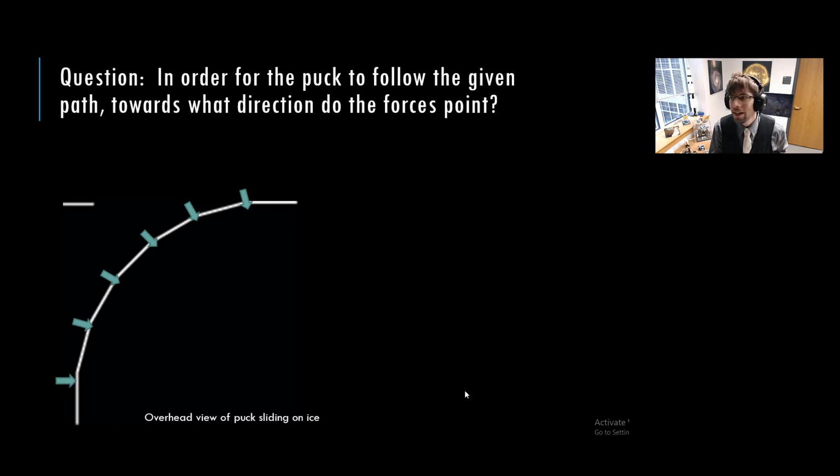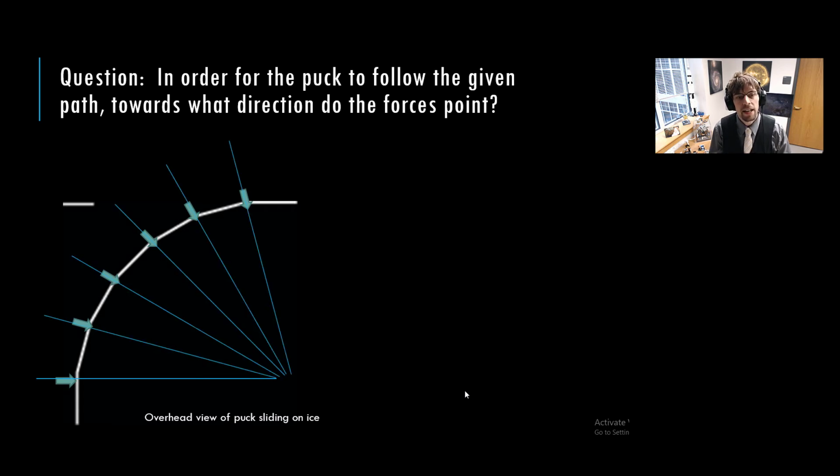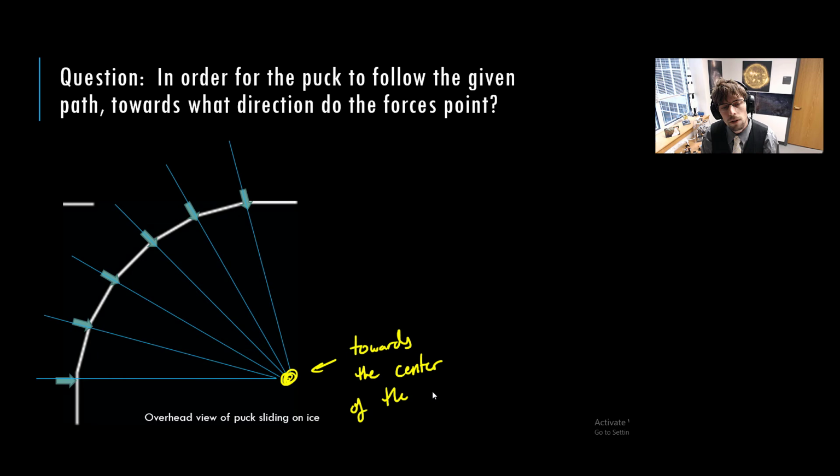So strike one is going that way. I hit it again, I hit it again, and again. You notice that all of those perpendicular strikes, as the object goes about its path, are roughly towards the center of the circle.